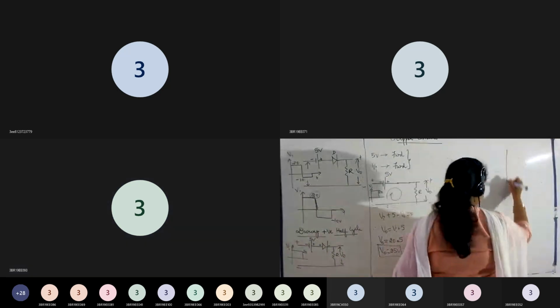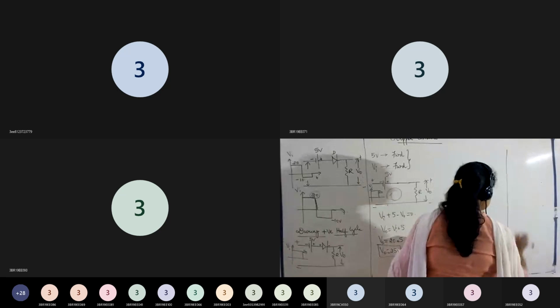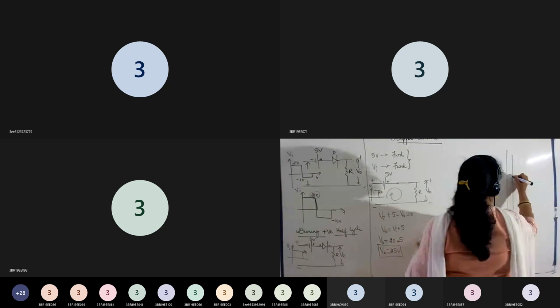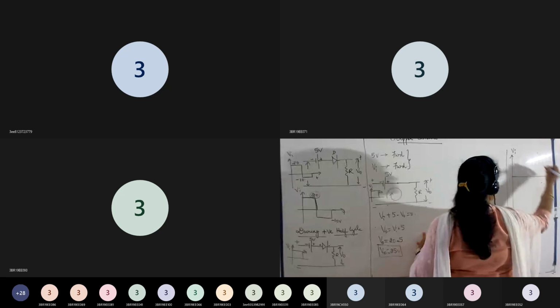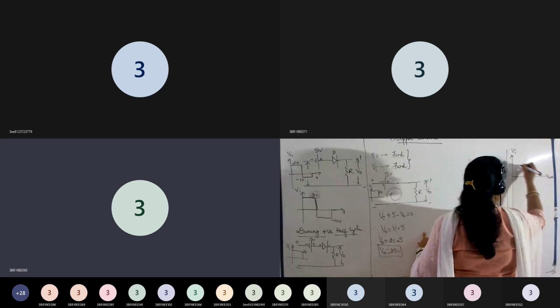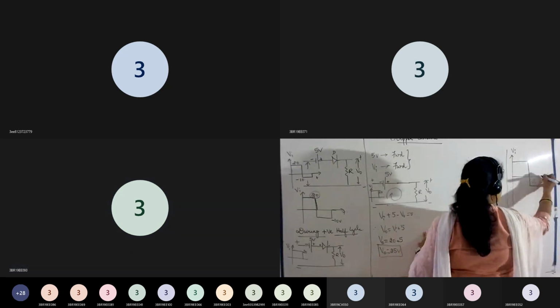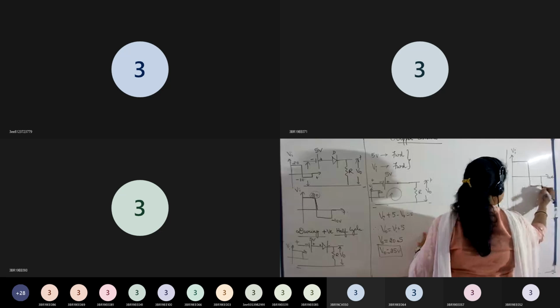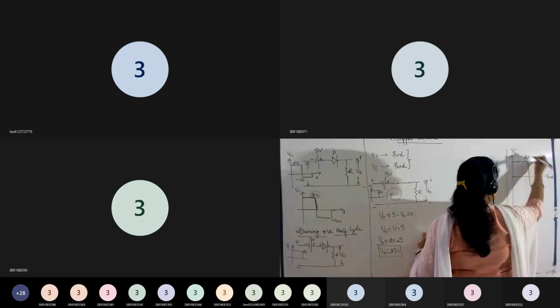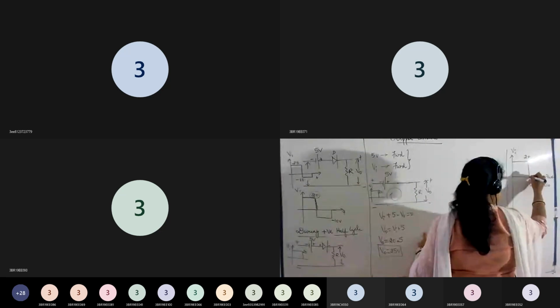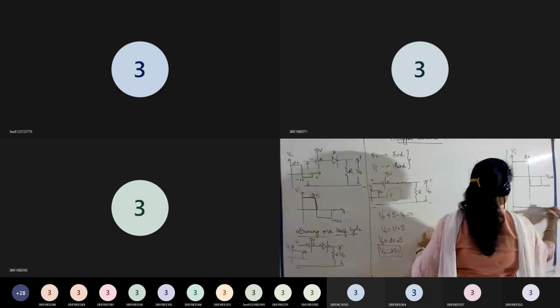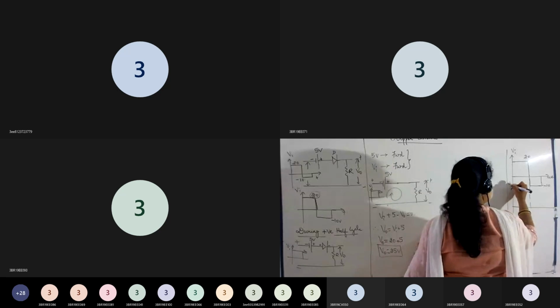So let us draw the waveform here. This is the input, this is 20 volt, this will be minus 10. Here, drop down the point for V naught.